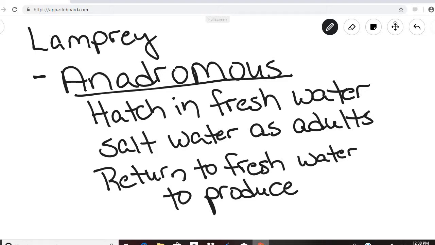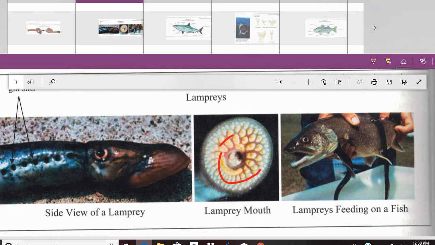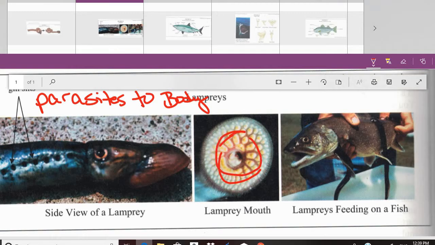The other thing about the lampreys that you should know about is that they are frequently parasites to bony fish. So they'll attach to the body of a bony fish with their teeth, and then they actually use their teeth to scrape through the skin of a bony fish.